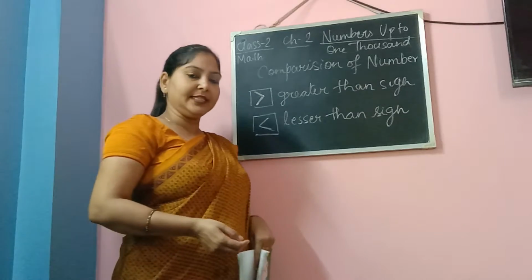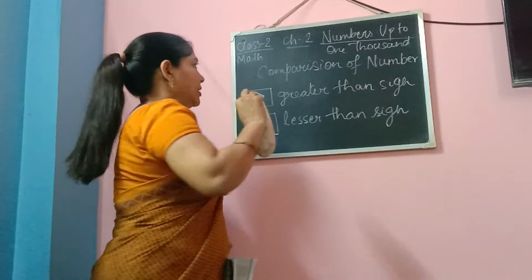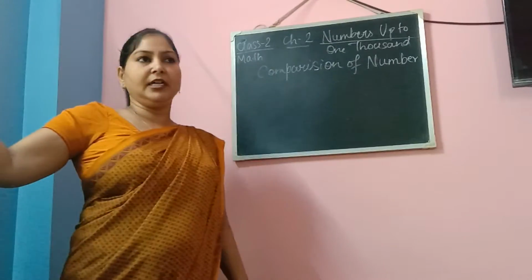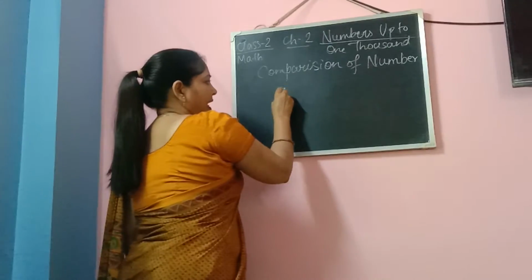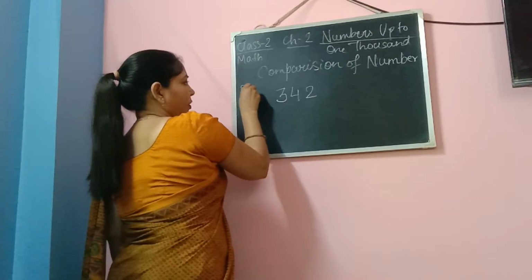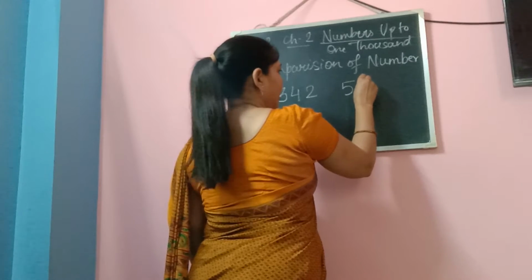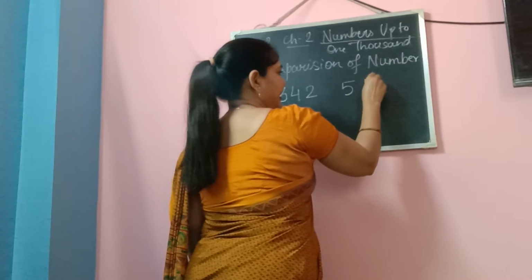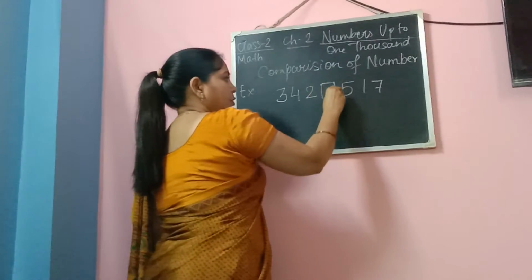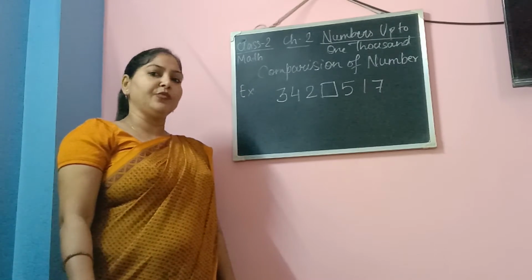Okay. So now let us take one example to understand the concept of comparison of numbers. I will take two numbers, let's say 342, this is one number, and another number 517. These are the two numbers, and I am going to compare them to see which number is greater and which one is smaller.